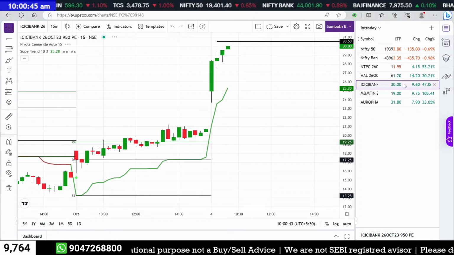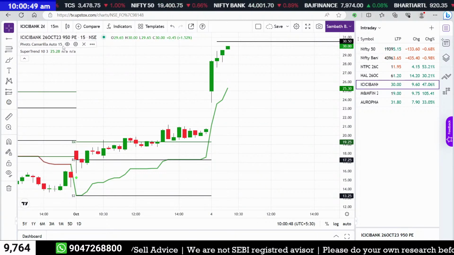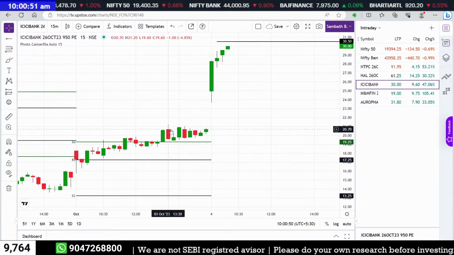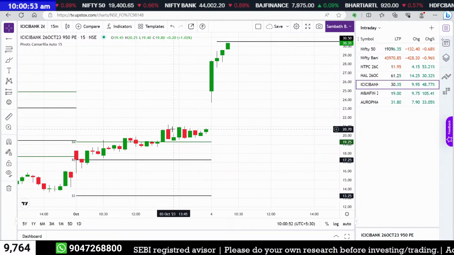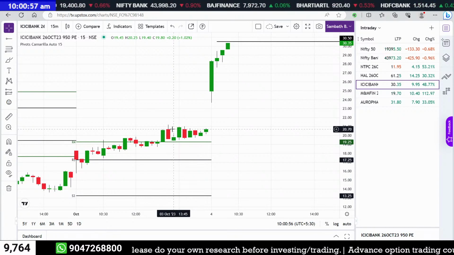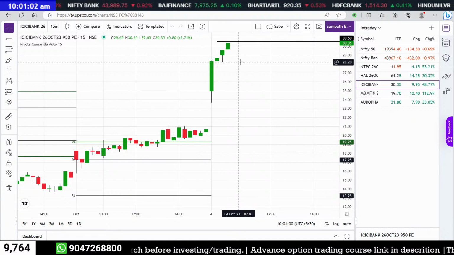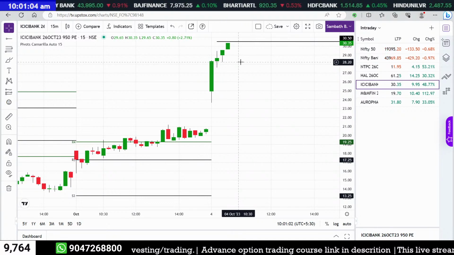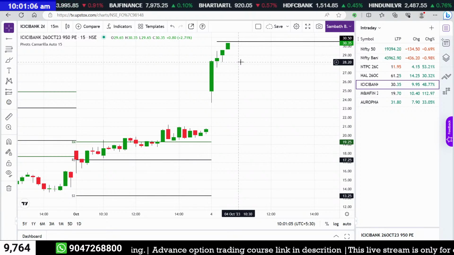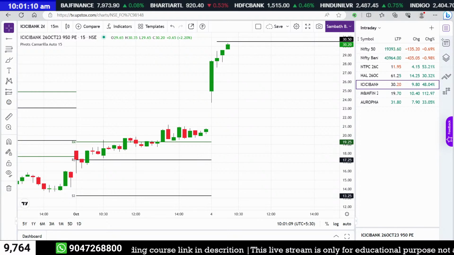ICICI Bank is not 30. Maybe it's a monthly positional, not for intraday. Okay, that you should focus on. 30.35, it's a fresh breakout and monthly positional on day 2 of the month. So initially we got ONGC. The second stock is ICICI Bank, 950 put option, monthly positional.